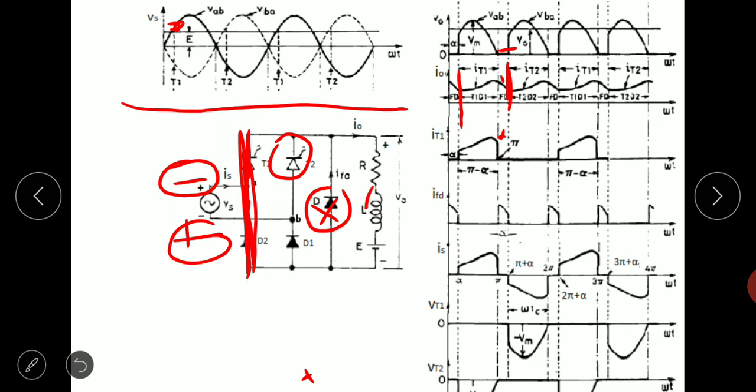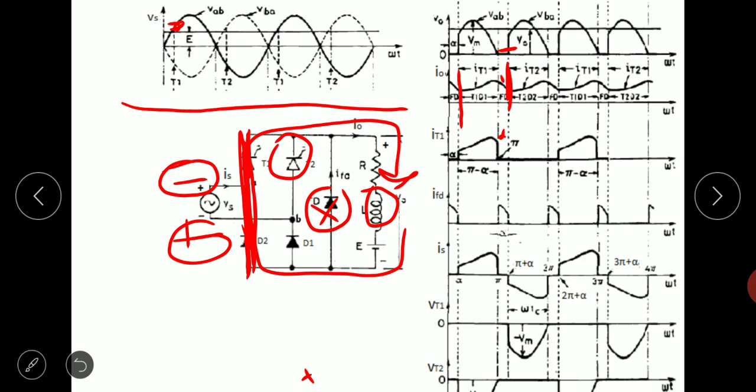And whatever energy is stored in the load inductance will get dissipated in the resistance through this short circuit branch. Now this action is the same as freewheeling action, but it is not happening due to a physical freewheeling diode; it is happening due to the thyristor and diode conducting in the converter.